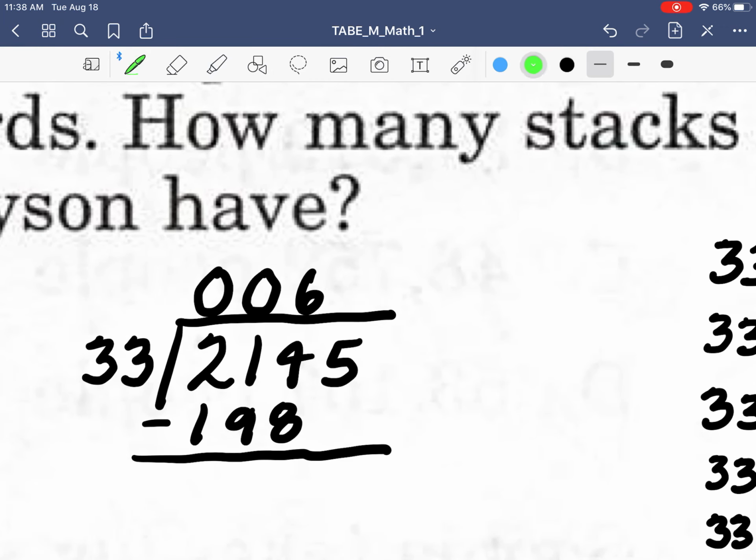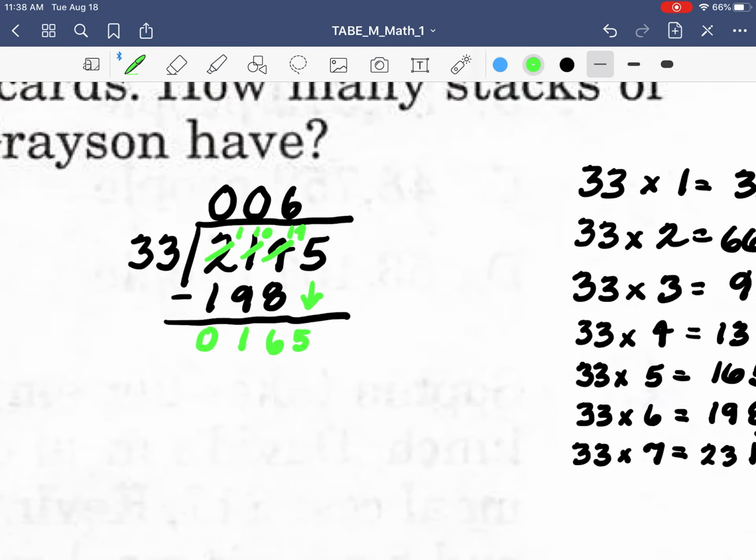Be careful with your borrowing here. Just make sure that you're borrowing correctly. 14 minus 8 is 6. And then 10 minus 9 is 1. And there's a 0 there. But we have to bring down the 5.